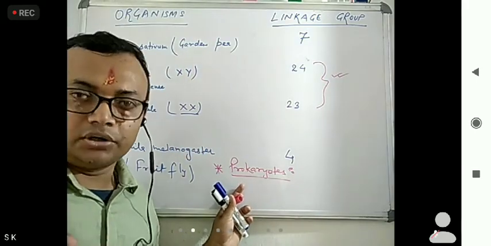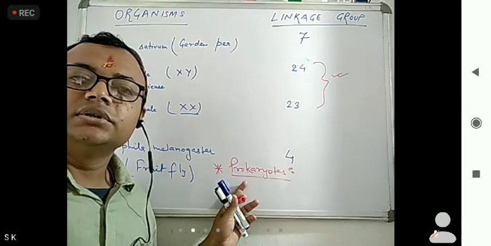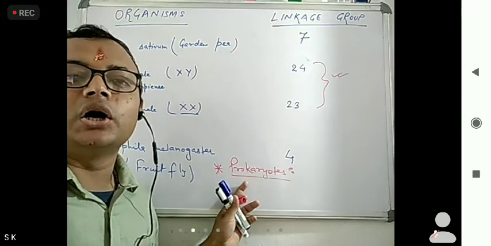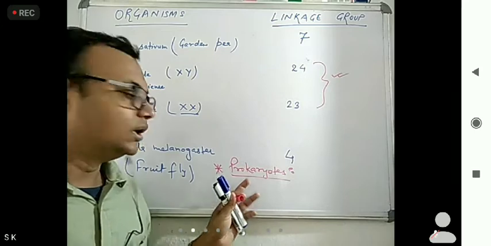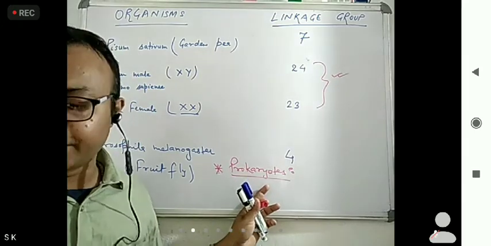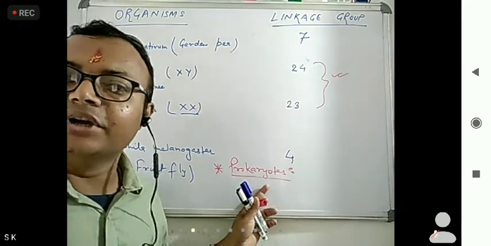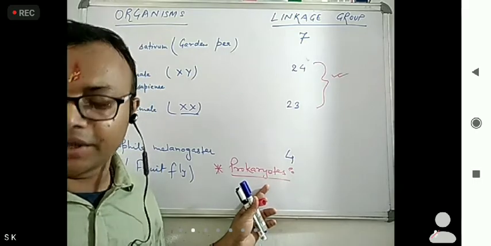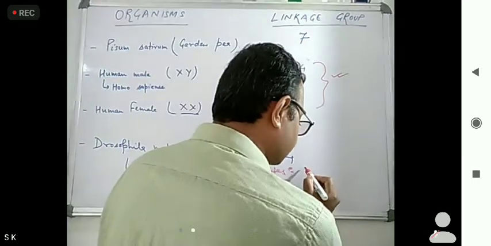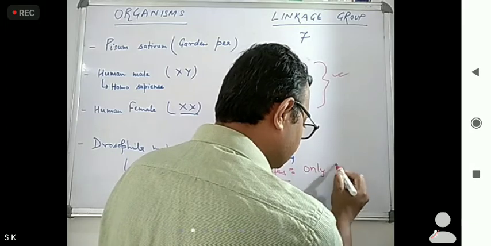a nucleus proper, they don't have nuclear membranal organelles, so that's why prokaryotes always have only one linkage group.